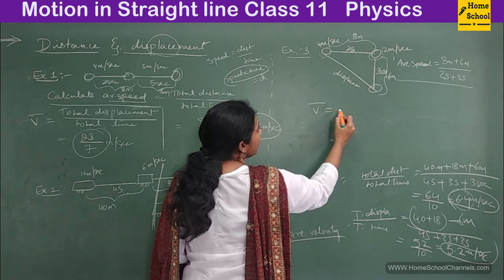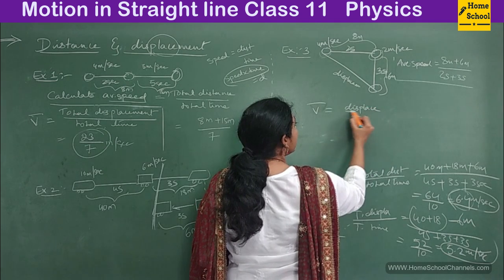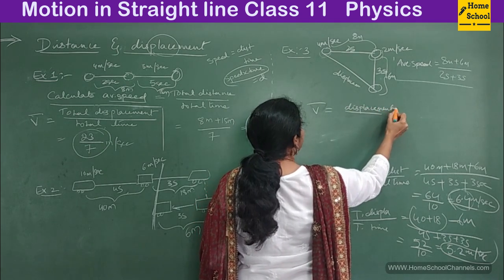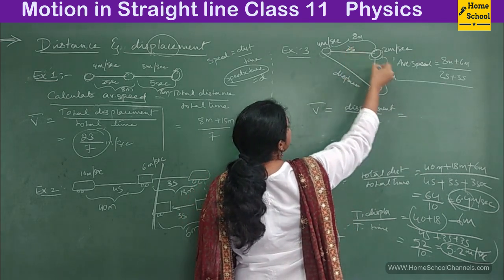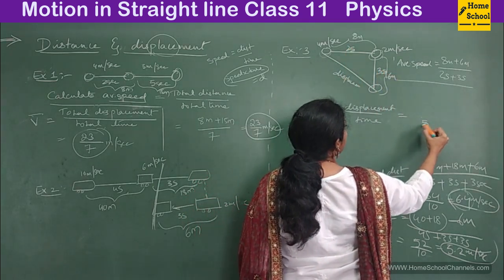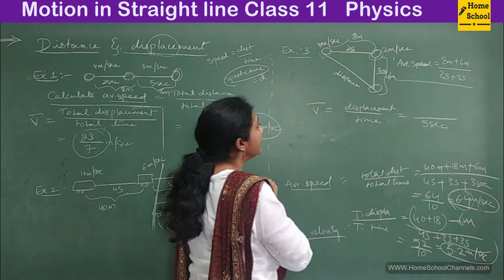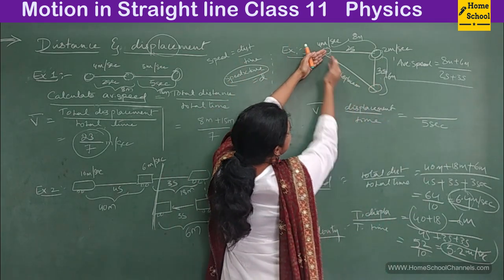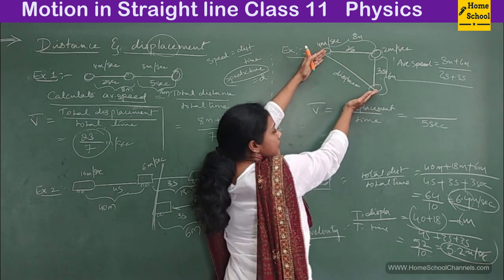V bar is equal to total displacement divided by time, right? Time we know: 2 seconds plus 3 seconds, that is 5 seconds is your time. But what about the displacement? Displacement is this length.